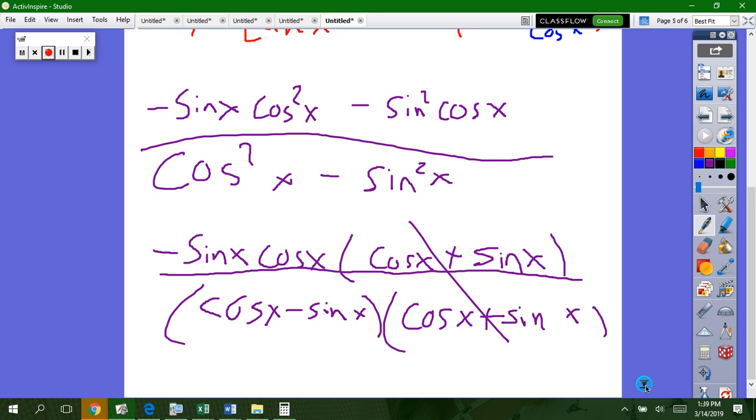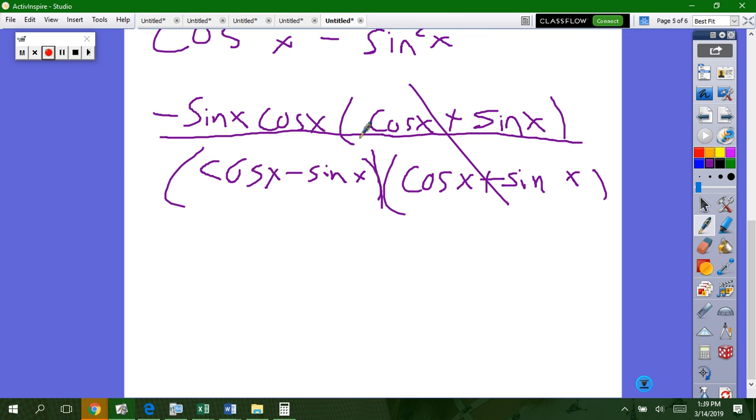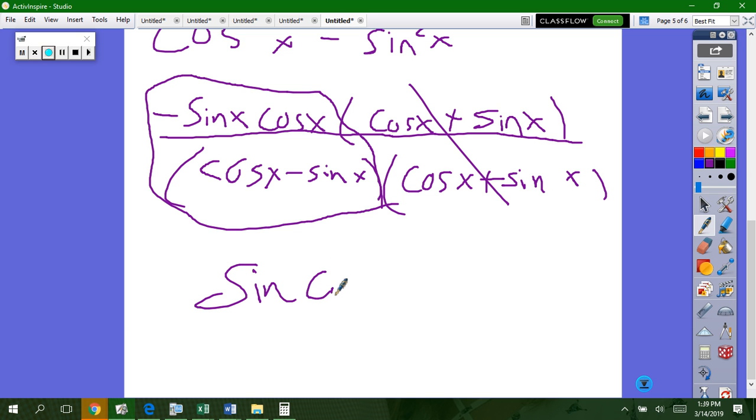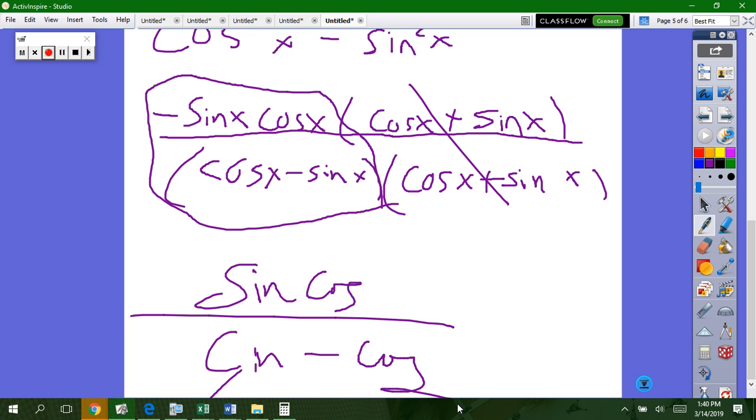And then we're back at that same situation of almost being there, huh? And that's where I times negative 1 top and bottom. Make sense? So then that would be sine cosine over sine minus cosine. Two different ways, right? I want you to be aware it's fine.